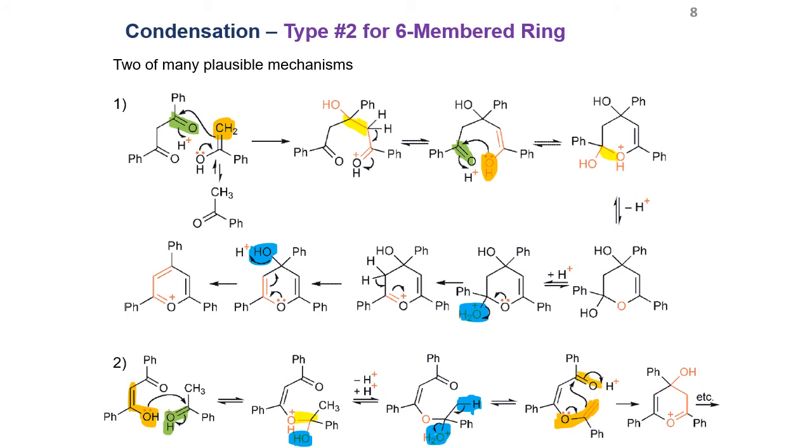This carbon can attack the carbonyl group here and then complete the ring, and eventually you are going to form the pyrylium cation as well. So from here you can see that there are many possibilities to draw the mechanisms, and as long as you follow the basic organic chemistry rules, then you should be fine.